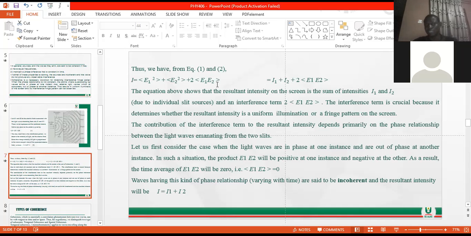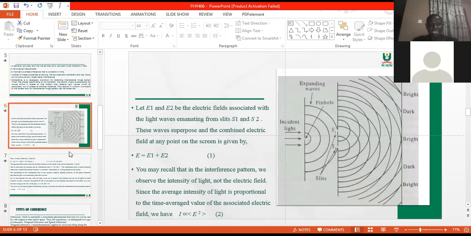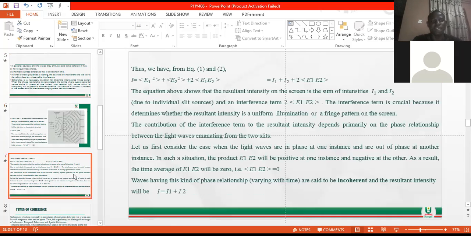We have not done anything spectacular here. When we open up the bracket, that's when you have E1 squared plus E2 squared plus 2E1E2. For a good student of mathematics, you should not have any problem with this.